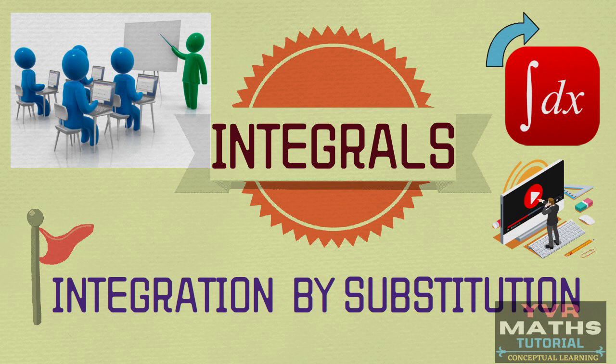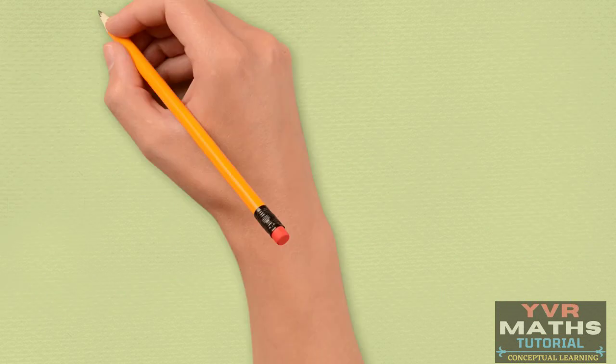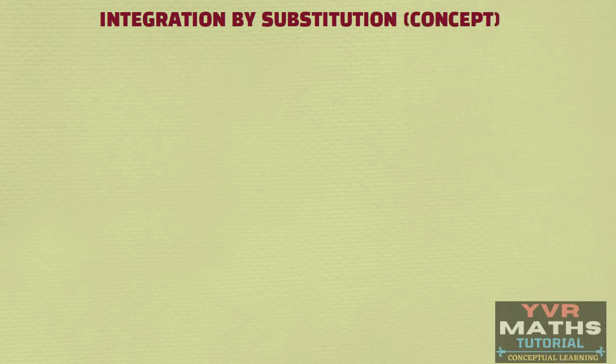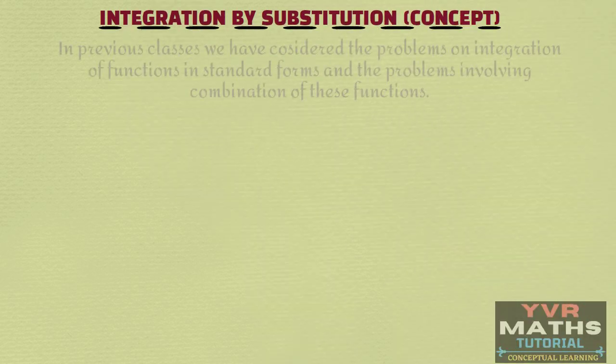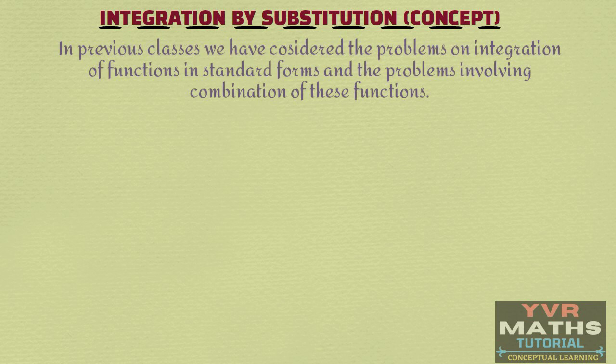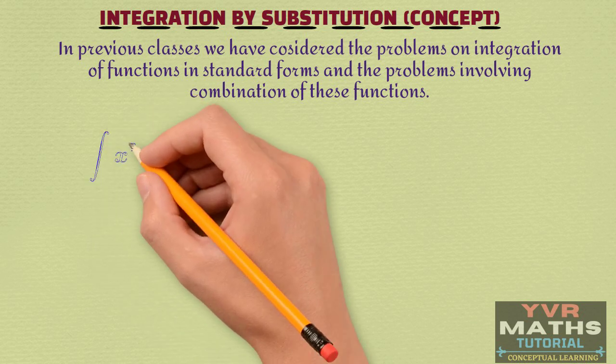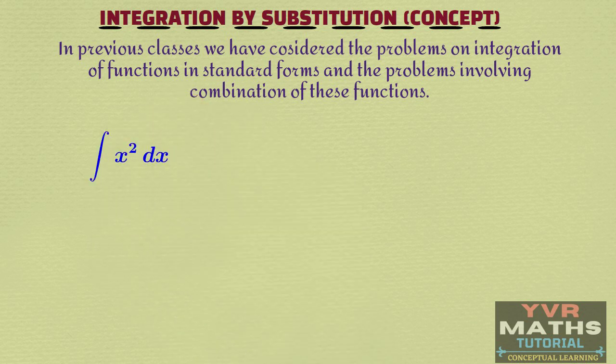Let's begin this class with the concept of the first method, integration by substitution. In previous classes, we considered problems on integration of functions in standard forms and problems involving combinations of these functions. Suppose the given problem is integral x square dx.